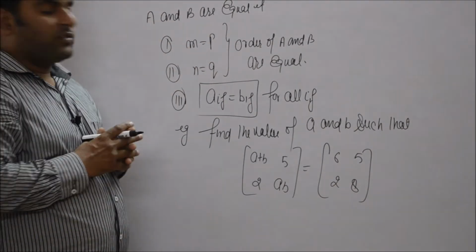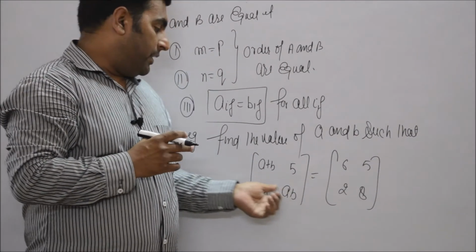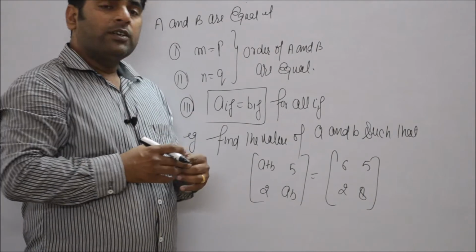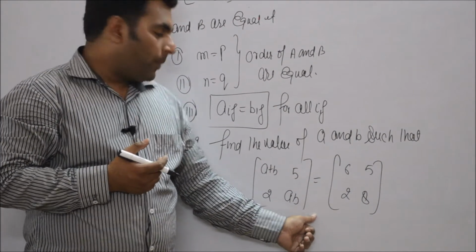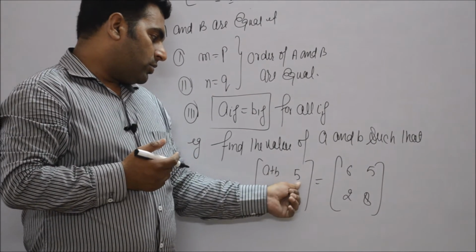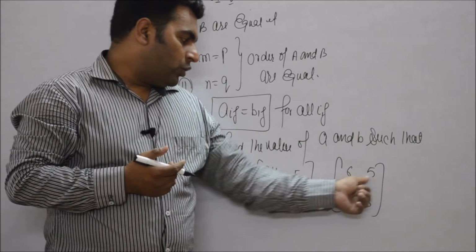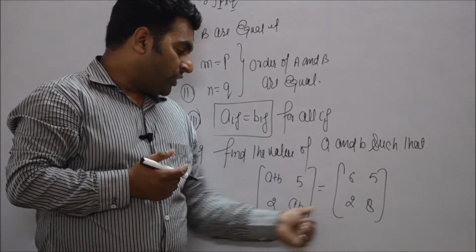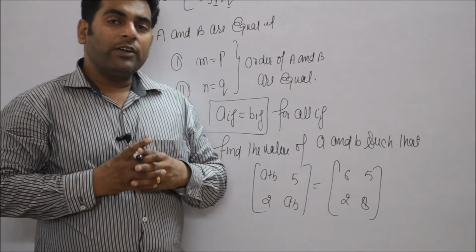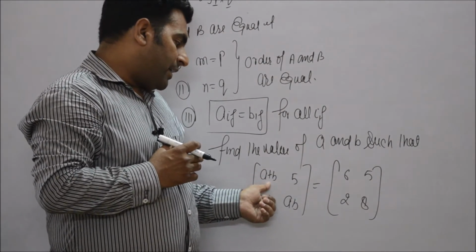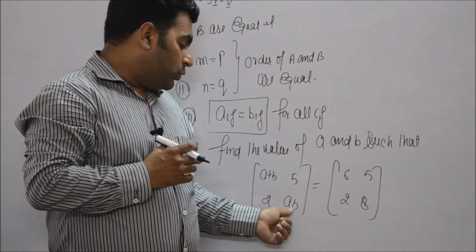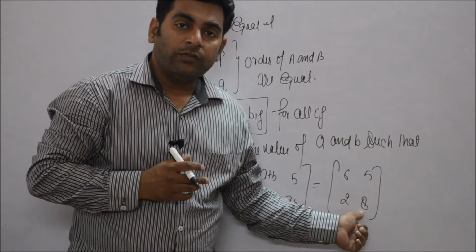There are two matrices which are given as equal, and they are asking about the values of a and b. If you look at these two matrices, they are of the same order, of course 2 by 2. The 1 2 positions are the same and the 2 1 positions are the same, but according to equality of matrices, the 1 1 position of this matrix should be equal to that of this one, and the 2 2 position of this matrix should be equal to the 2 2 position of this matrix.